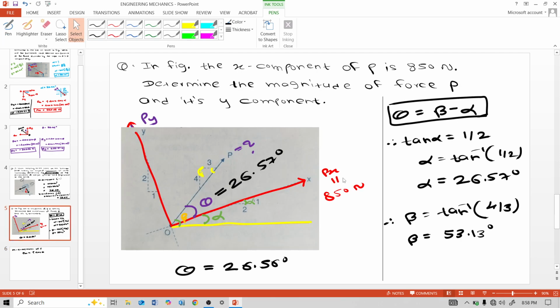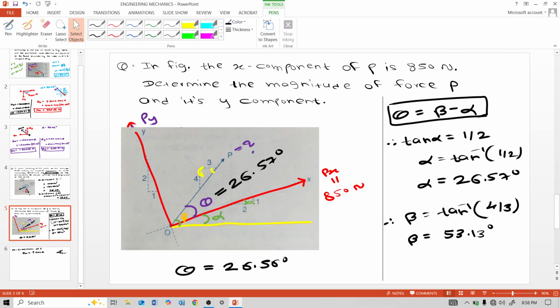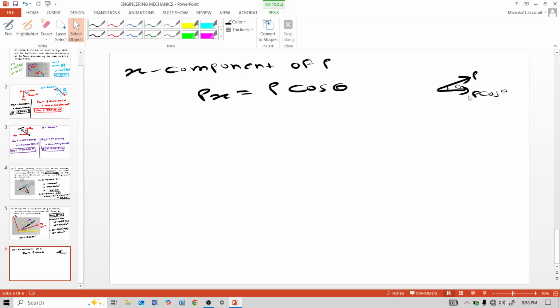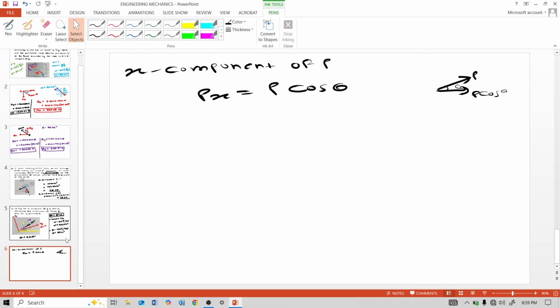Generally in solving components, if my component is like this, it is P cos of theta if this angle is theta. So here P cos of theta, yes, it is right.